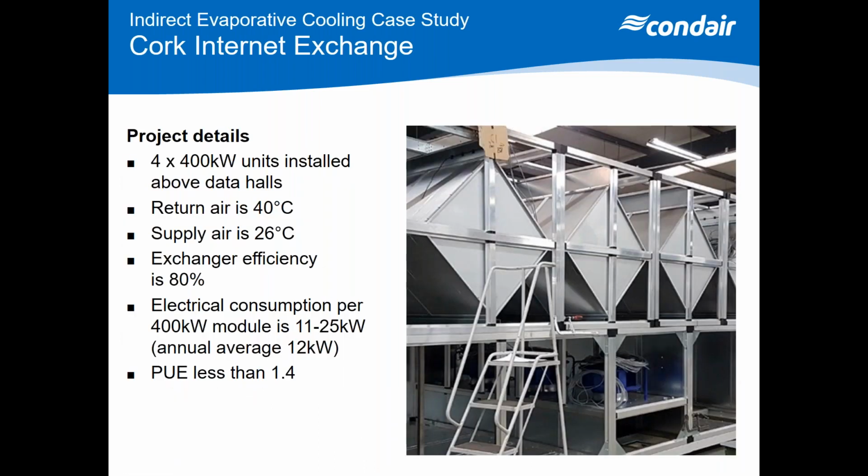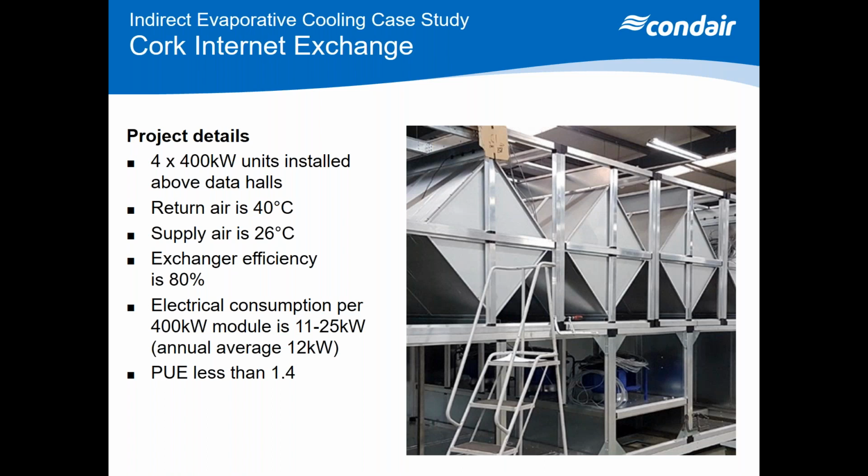So this project, there were actually 400 kilowatt units installed above the data halls. The return air was 40 degrees C coming up from the hot aisle, and the supply air was 26 degrees C, and the heat exchanger efficiency is 80%. And the electrical consumption per 400 kilowatt module was between 11 and 25, with an annual average of 12 kilowatts.